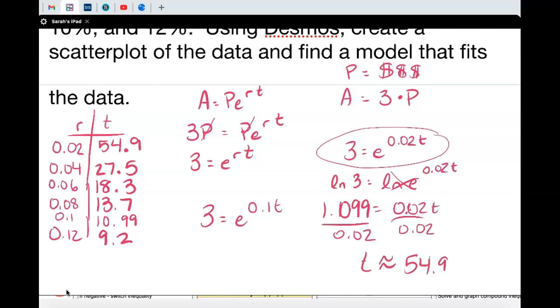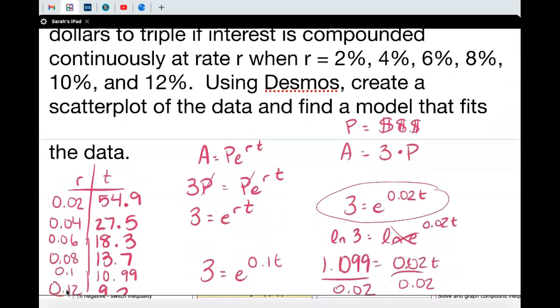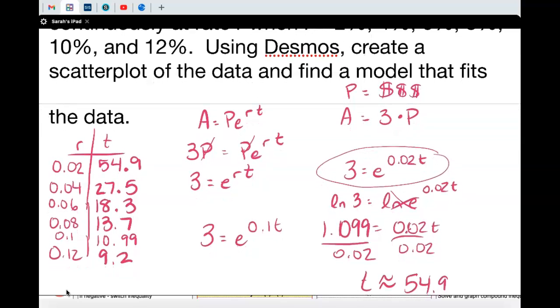Okay, so there's our table. We're going to use Desmos to create a scatter plot and find a model that fits the data. If you remember how to use Desmos. Isn't there a thing we can choose to type in values in the table? Yep.